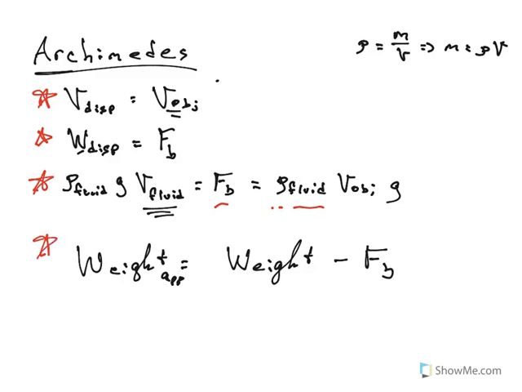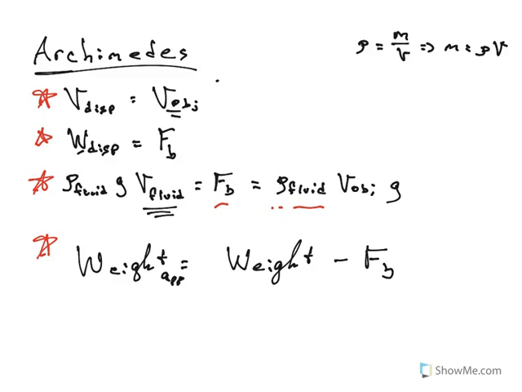With these four relationships, you can answer any of the types of questions that you'll see on the homework or the practice problems or the tests. So, like I said, Archimedes' principle is not simple in the sense of there's one equation you need to know, this is the equation you use to solve the problem, but rather it's four different relationships.